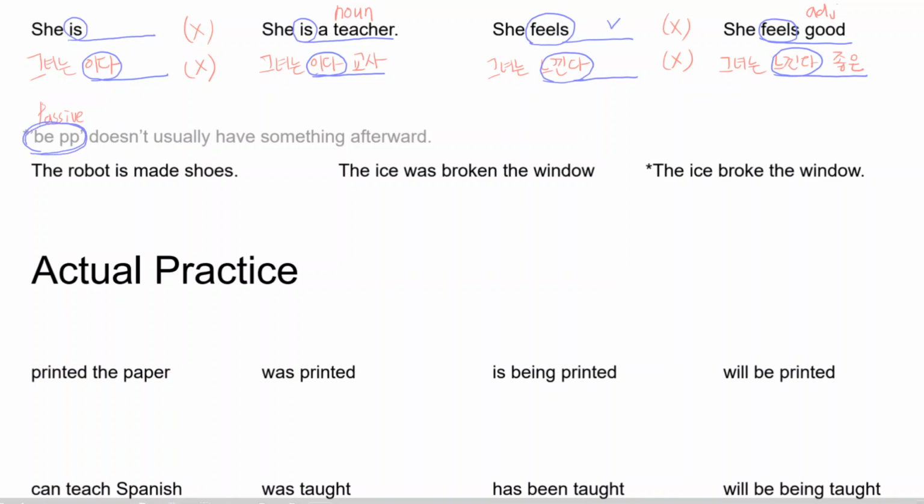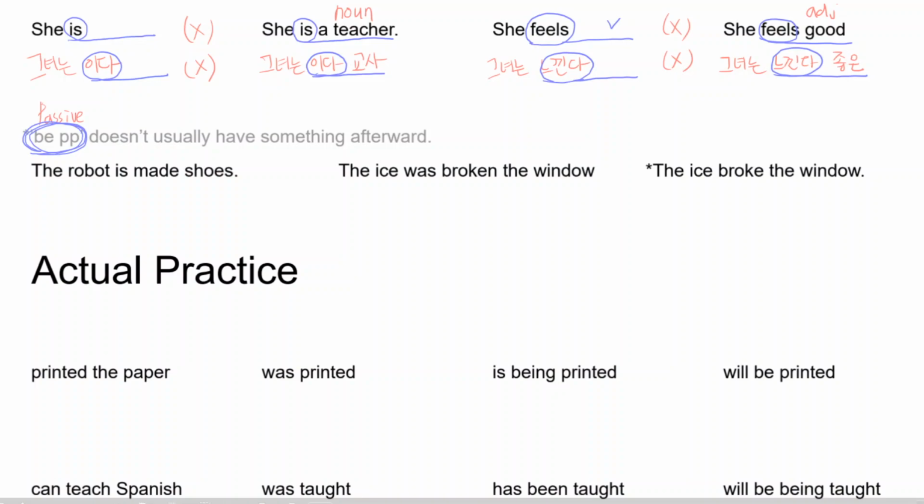So we draw a circle around BPP all together. But do you think it has the little line afterward or not? No, it doesn't have a little line afterward because BPP is just alone. It's by itself, okay? Let's see what happens with these sentences afterwards.